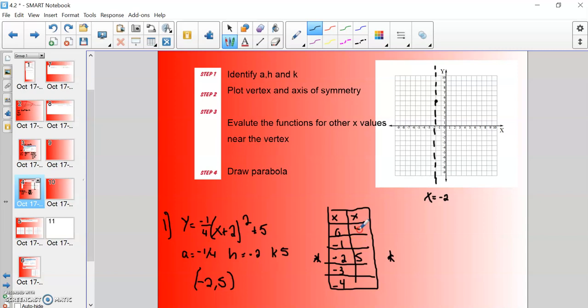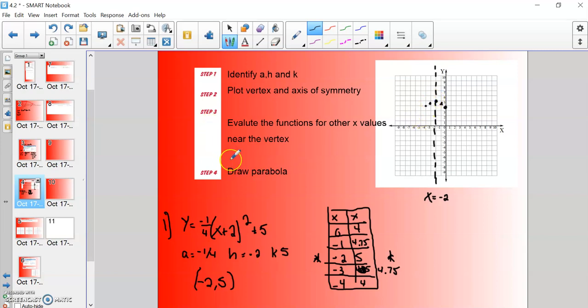You could do them by hand, but it's up to you. Once you get quick at the table of values, you will see that it's really saving you a lot of time. So let's plot those points: 0, 4; negative 1, 4.75; negative 2, 5, which we have; negative 3, 4.75; and negative 4, 4.